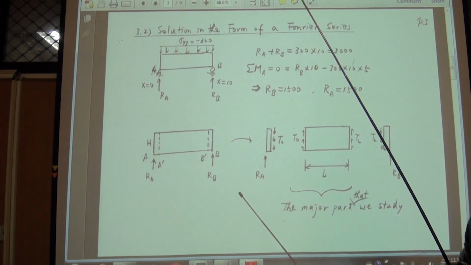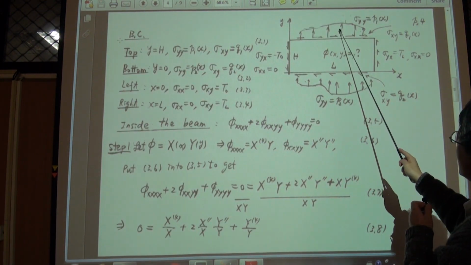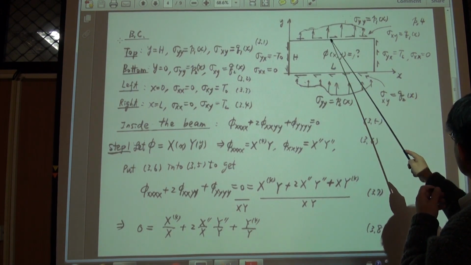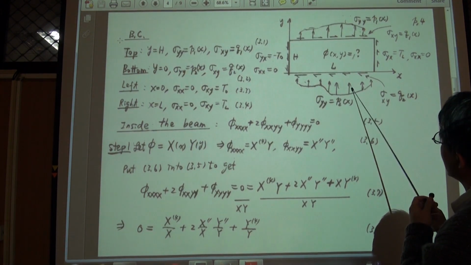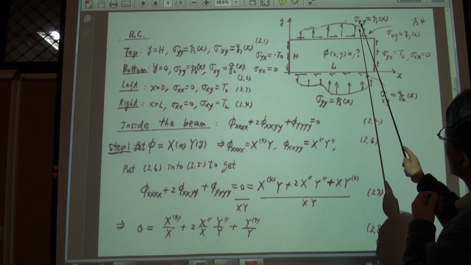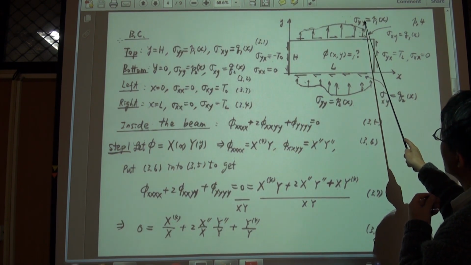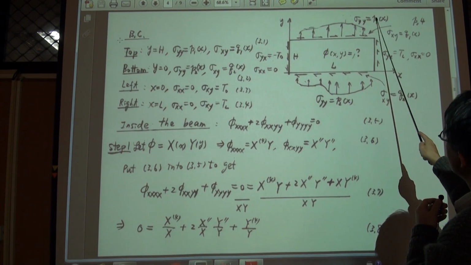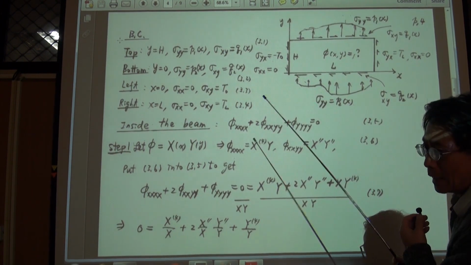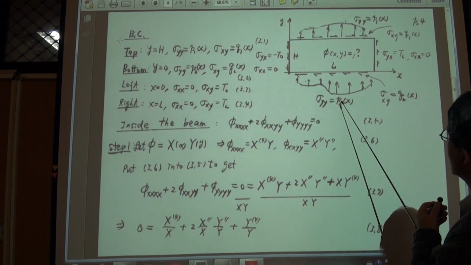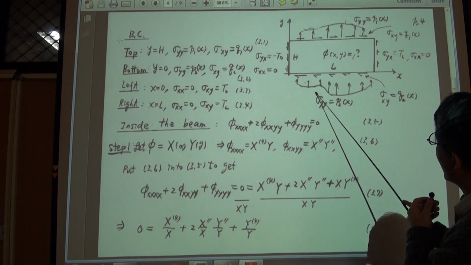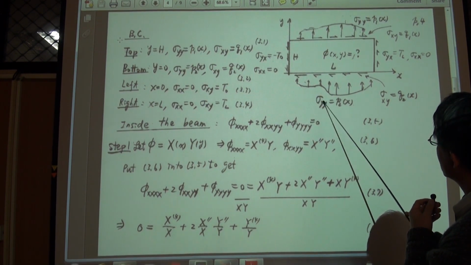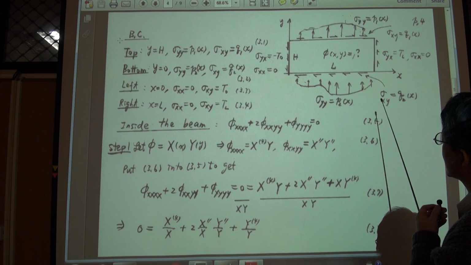So now let us consider a general case. On the upper part and the lower part, we have some given normal stress and shear stress. Okay, like this. P1 and Q1 are some given functions. And in the lower part, we also have some normal stress and shear stress.